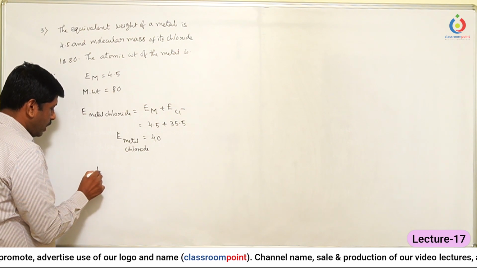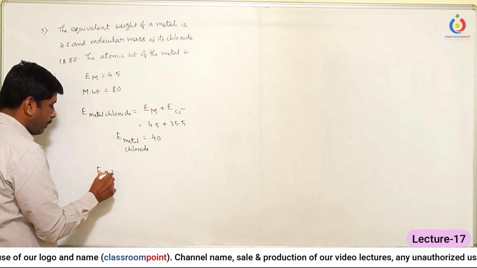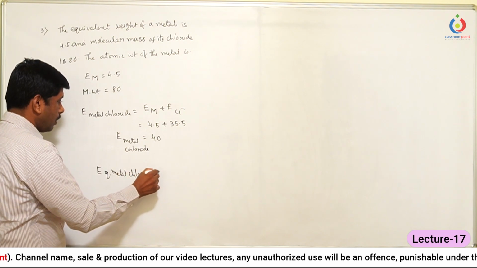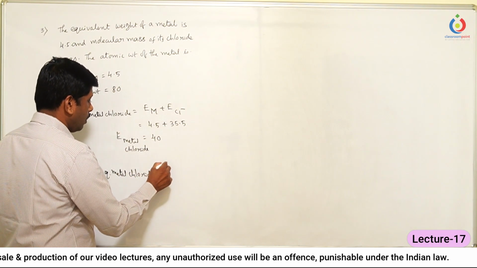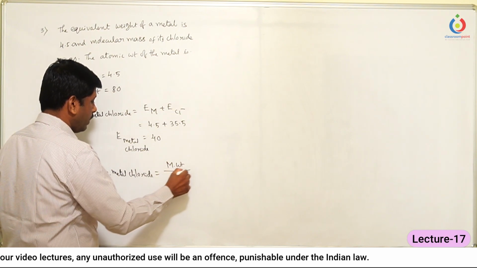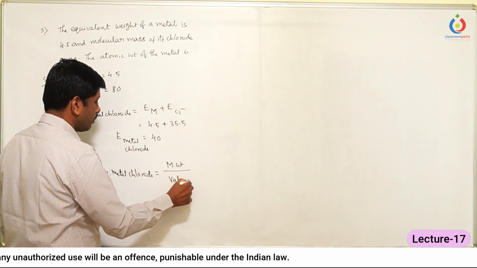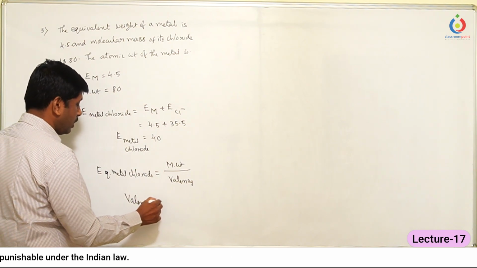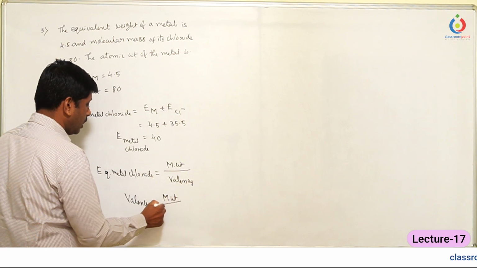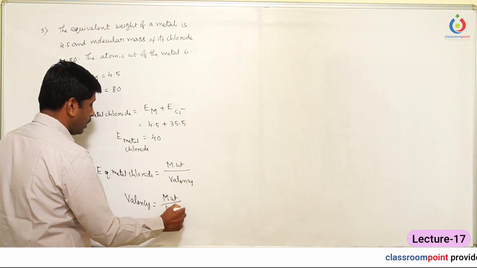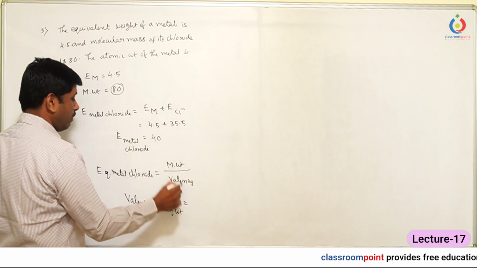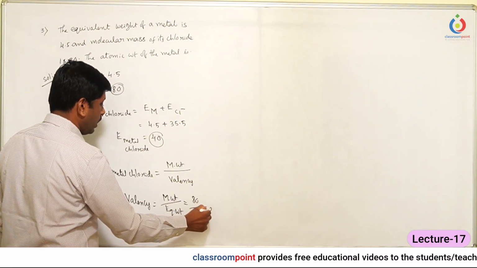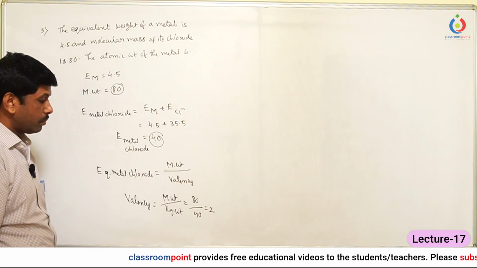So we know that the equivalent mass of the metal chloride is equal to molecular weight divided by valency. Then find out the valency. Valency equals molecular weight divided by equivalent weight. Molecular weight is given as 80. Equivalent weight is 40. So the valency is equal to 2.